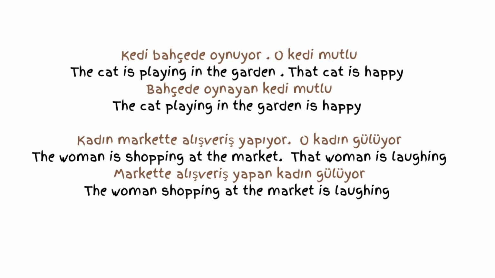Now we finished taking everything from the first sentence. We're gonna move to the second sentence. O kadın gülüyor. I'm not gonna take the subject again, which is o kadın. I'm gonna take what is left, which is gülüyor. Markette alışveriş yapan kadın gülüyor, which means the woman that is shopping at the market is laughing.